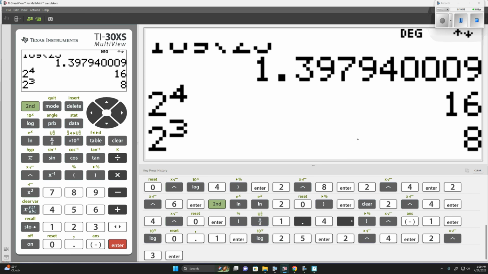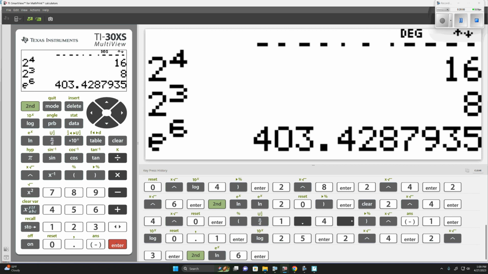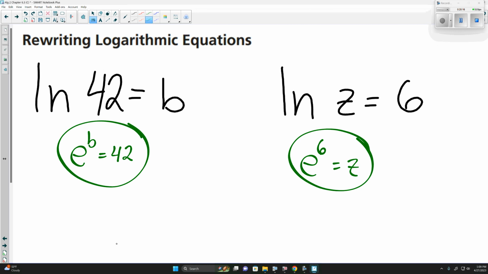To get e, we do second ln 6, and we get this here. But again, e is a non-repeating, non-terminating decimal, so there's no way for us to write out the exact value of e to the 6 without approximating. So with a lot of the ln switching between the two, we're going to use variables so that we can have a true statement and not an approximation. But questions on these here?